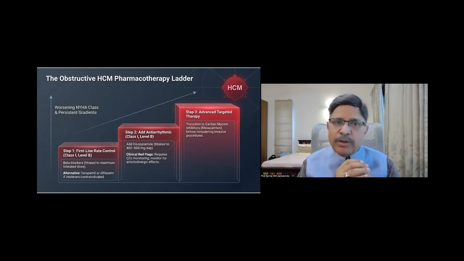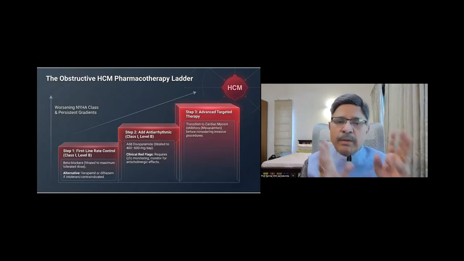What is the medical management of obstructive cardiomyopathy? First line, rate control, beta blockers, new generation beta blockers: nebivolol, bisoprolol, carvedilol, metoprolol. Alternative, verapamil, diltiazem. Second step, if not controlled with that, add antiarrhythmic drug, disopyramide.